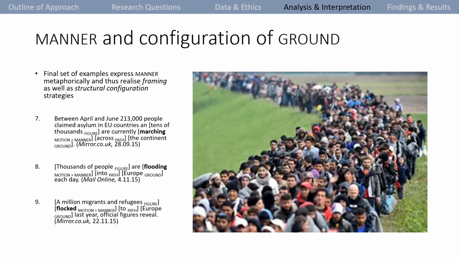So, for example, in the case of flood, the verb activates the flood frame, establishing a connection between immigrants and moving water. The danger posed by flooding and its destructive power is then mapped across to the target situation so that immigration is similarly construed as dangerous and destructive. It then follows that just as we would put barriers in place to prevent flooding, so we should put barriers in place to prevent immigration.